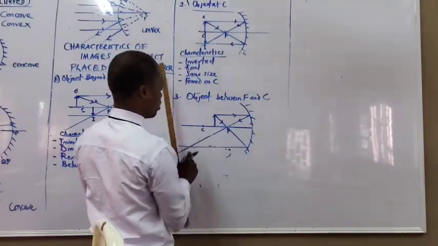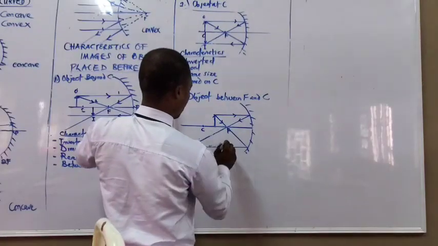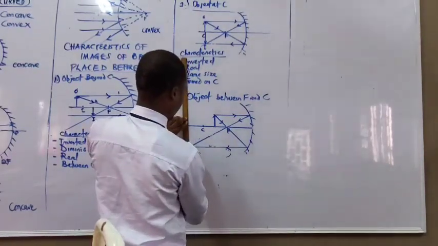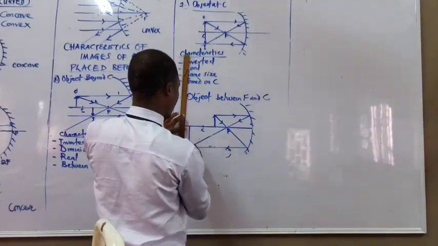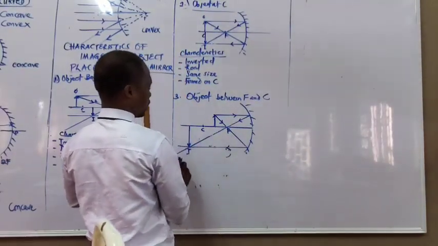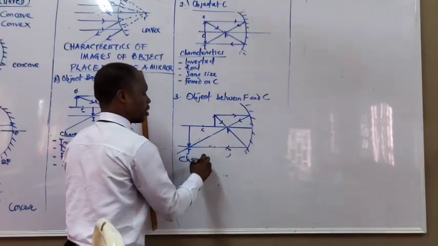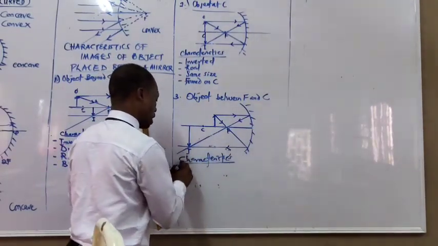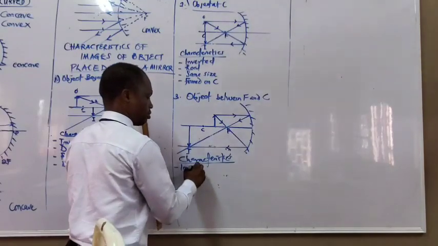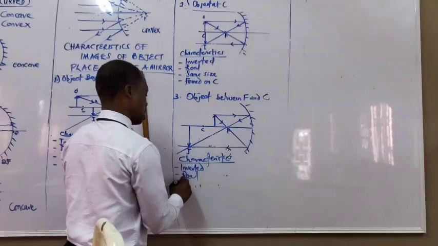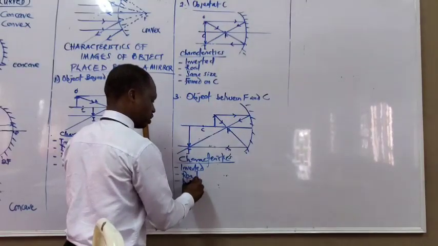So the rays intersect at these points. So this way your image is going to be. This is your image. In this case, the characteristics of this image: number one, it is inverted. It is a real image. It is magnified.